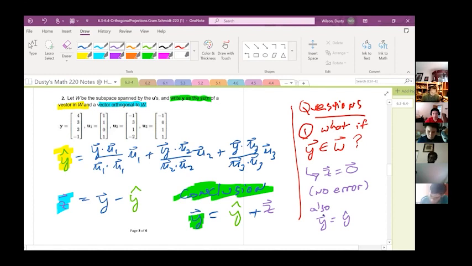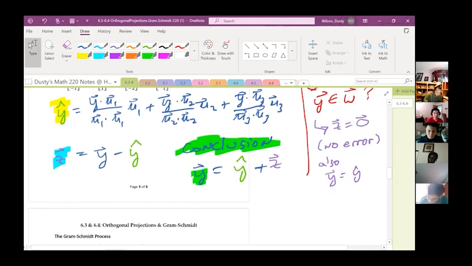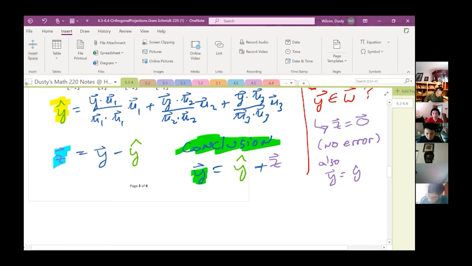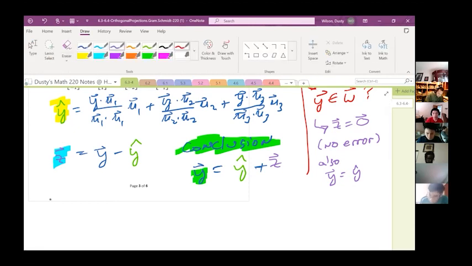Second question is, are there any special U1s, U2s, U3s that would simplify this formula?